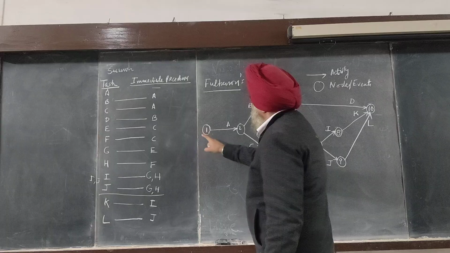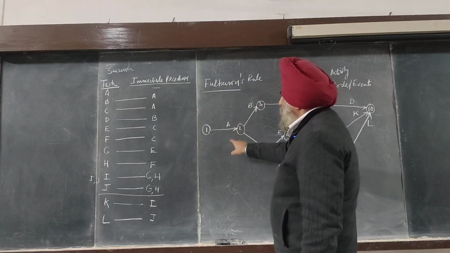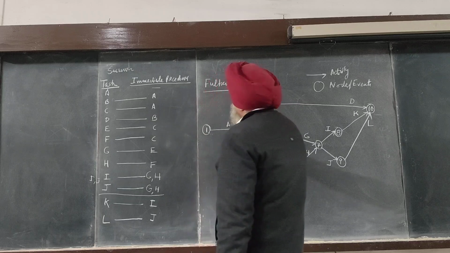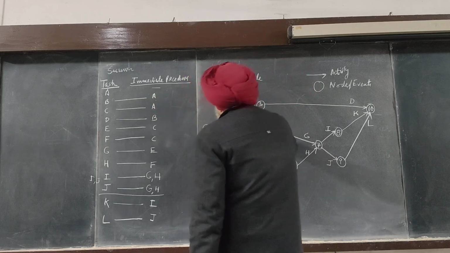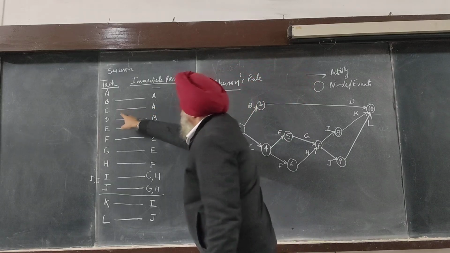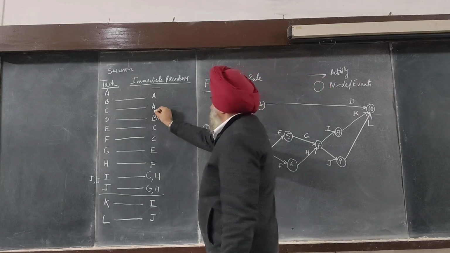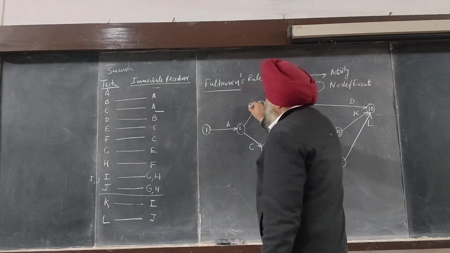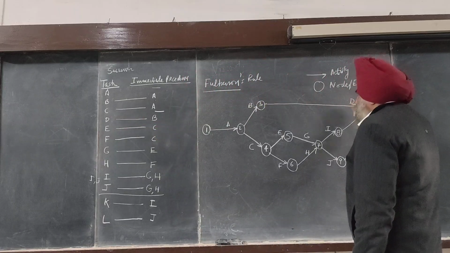Same pattern: there is no predecessor for A. So I repeat it again. There is no predecessor for A. For the B activity, the predecessor is A. For C activity, the predecessor is A again. So we have reached here. Again, from B, the activity D is taking place.